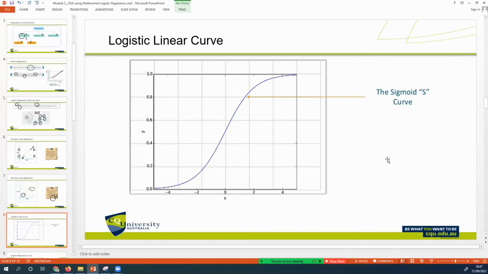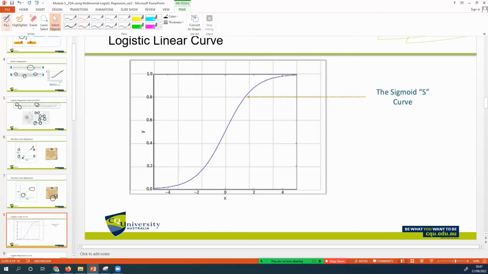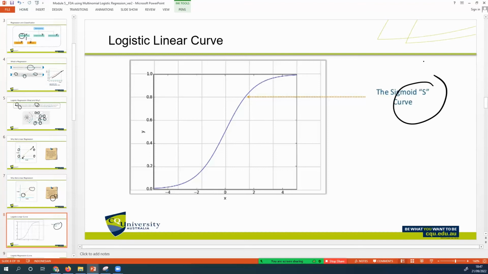Logistic regression uses what we call the sigmoid curve. Yeah. So it will be a maximum of 1 and a minimum of 0.